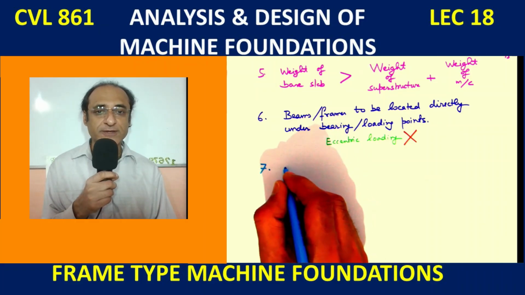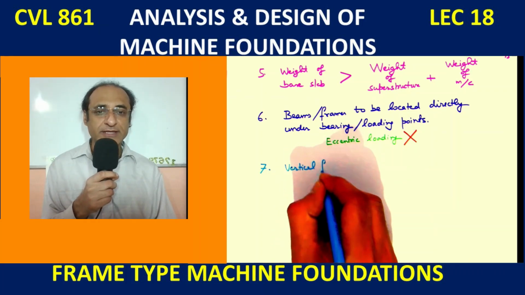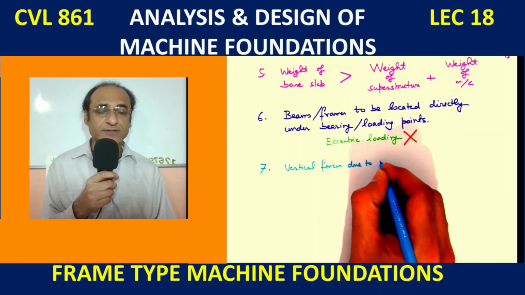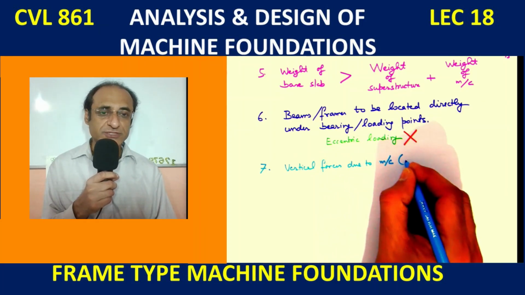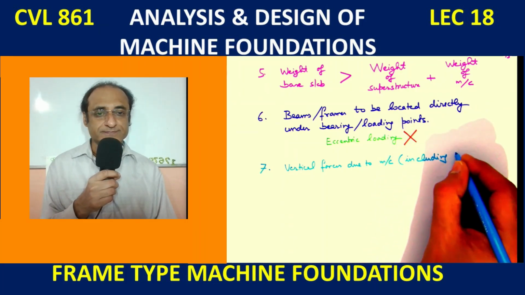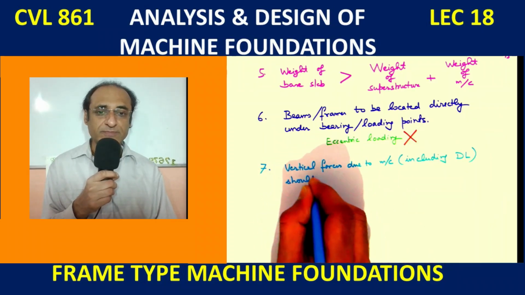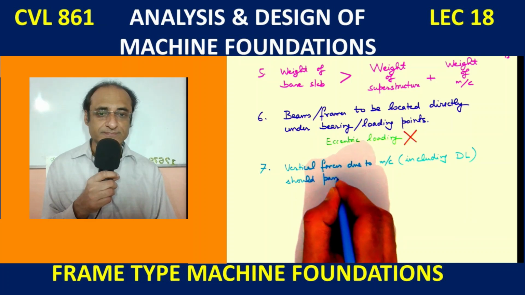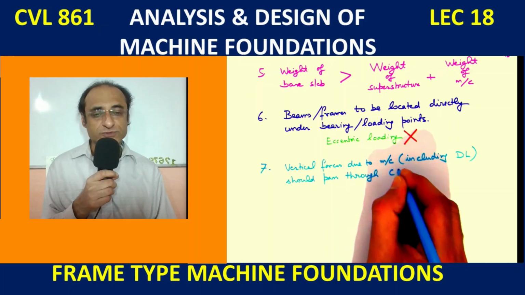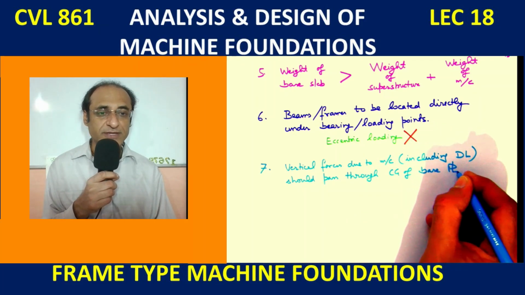So if we have the centroid of the base, the vertical line along which the net force due to the machine is passing should pass through the center of gravity of the base. So all the vertical forces due to the machine, including the dead loads, should pass through the CG of the base slab.